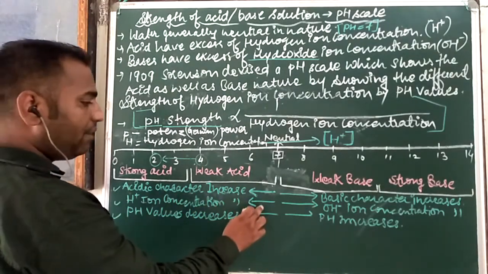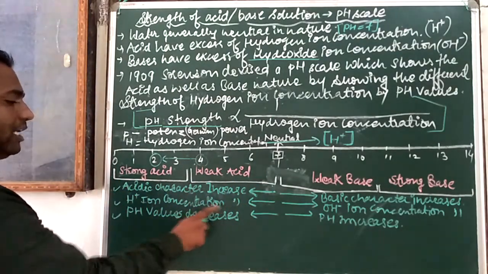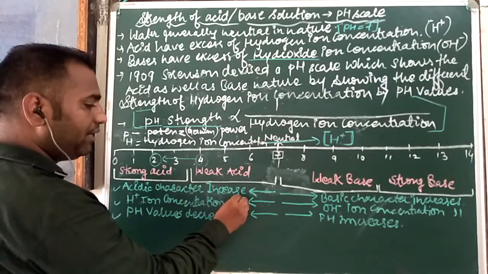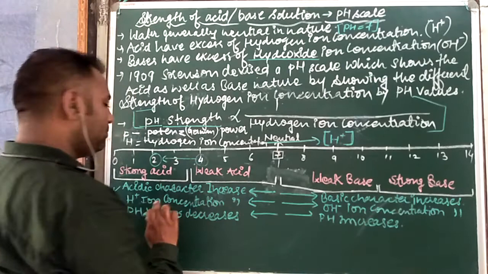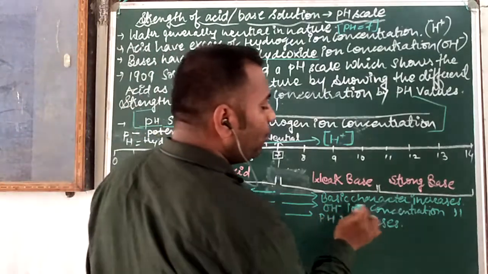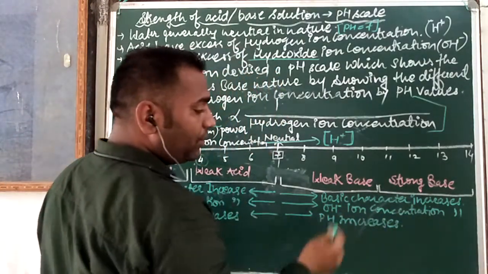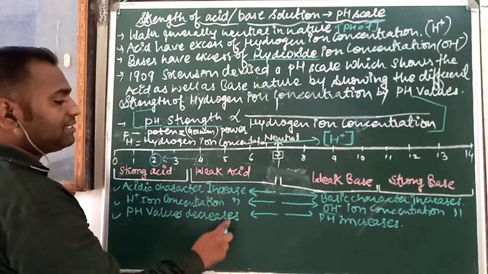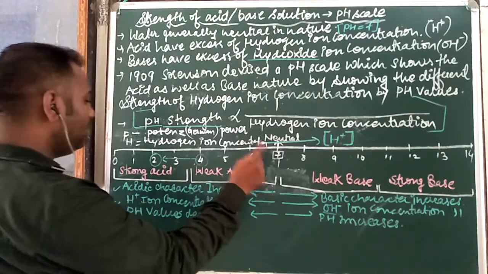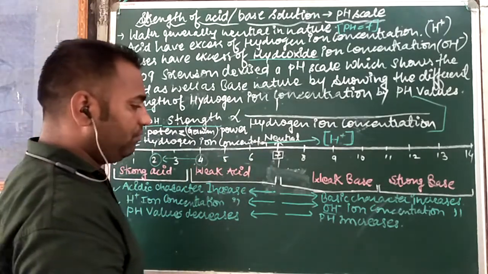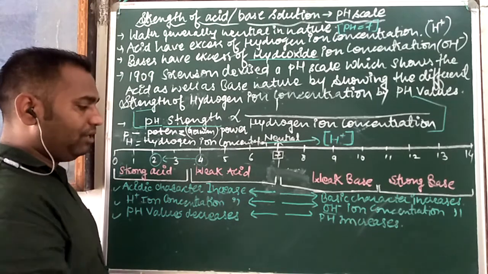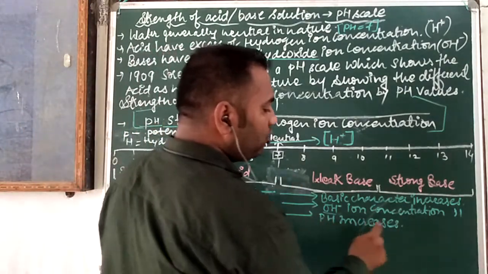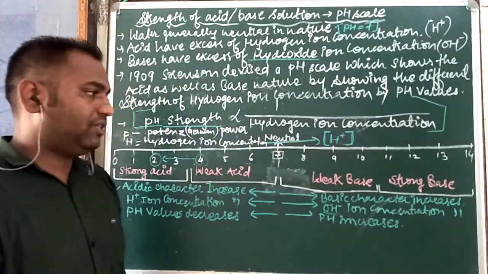When I go from 7 to 0, H plus ion concentration increases, and from 7 to 14, OH minus ion concentration increases because OH minus ions are in the base. Next, pH values generally decrease when we go from 7 to 0, and from 7 to 14, pH values generally increase.